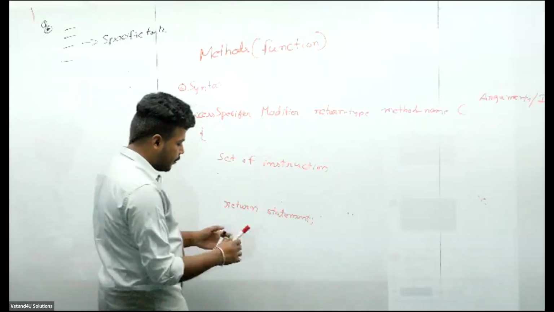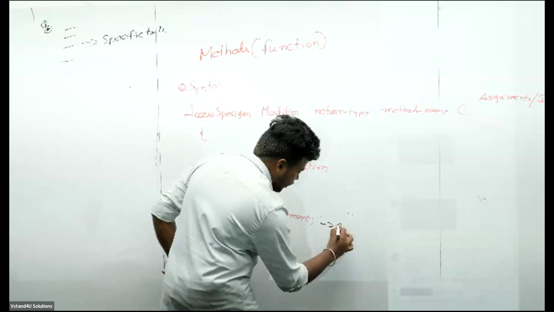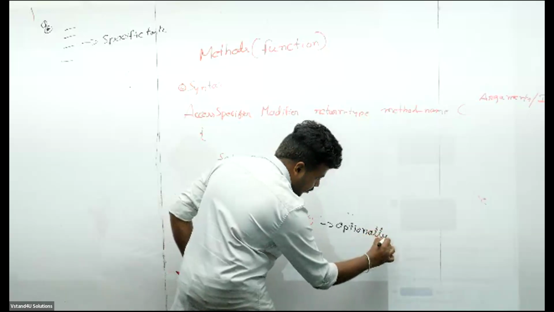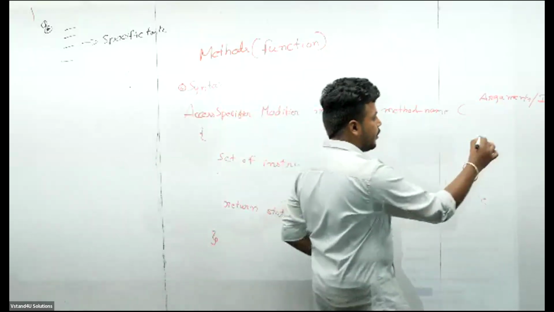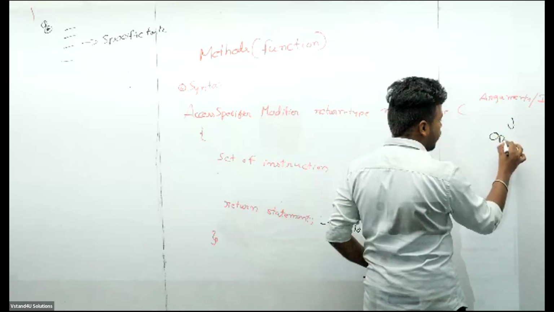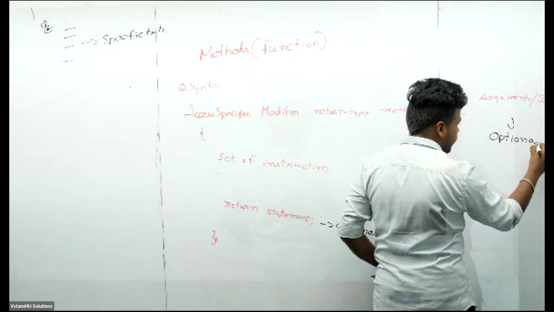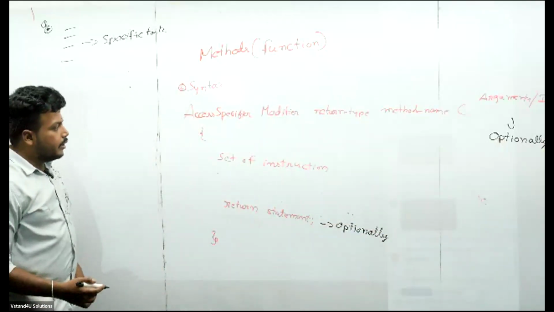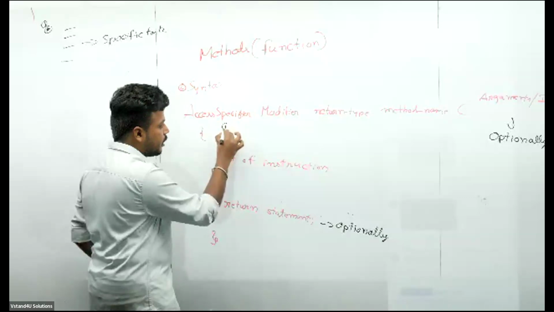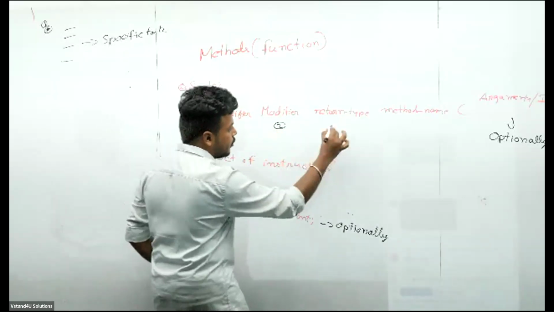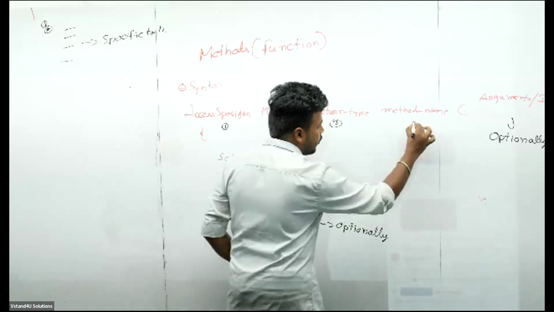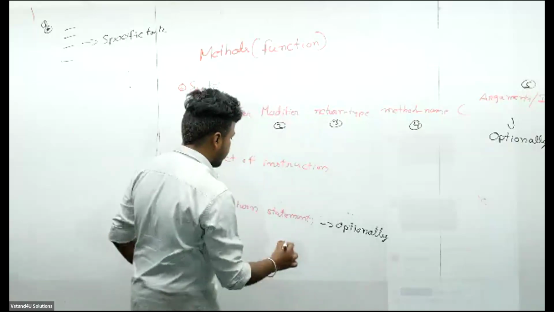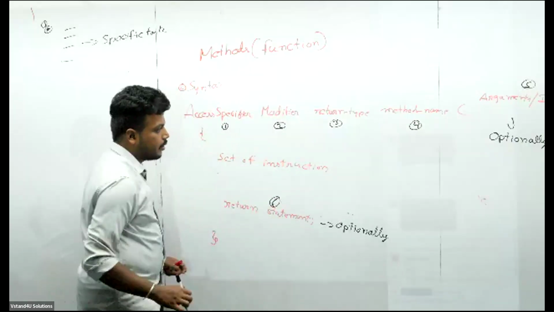This return statement is optional, and these arguments and input are also optional. It depends upon the program questions, okay? Then I will consider them as 1, 2, 3, 4, 5, and 6.